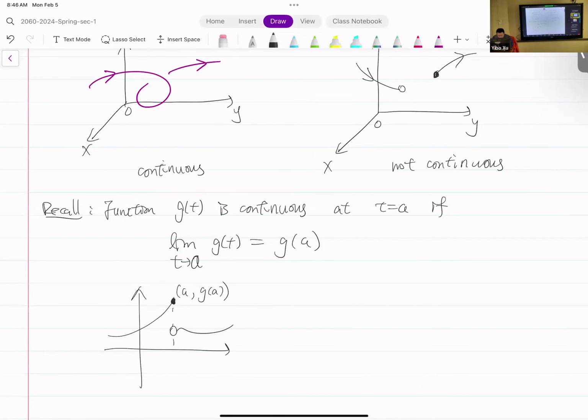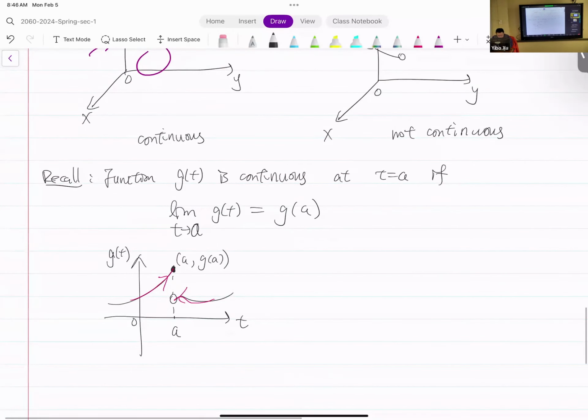This tells you the functional value at the input a. But then the left-hand limit tells you, okay, I'm approaching this functional value. However, the right-hand limit tells me I'm approaching another value right here. Okay, so there's definitely a jump. So in this situation, that's the case where function g is not continuous at a point.